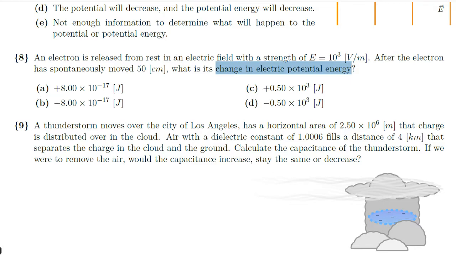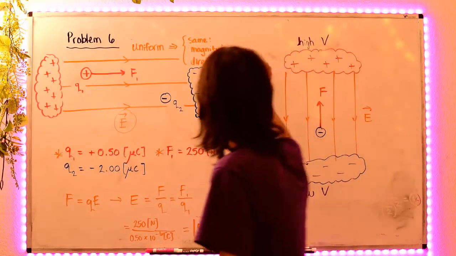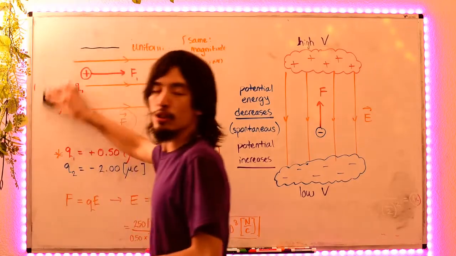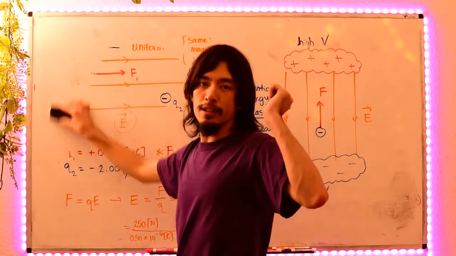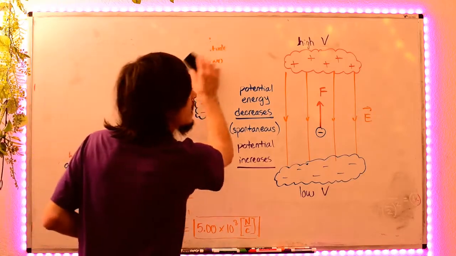Now, let me show you one way of looking at this, which can make your life easier if you don't want to deal with the signs when you have to plug into the equation. So let's take a look at that. I will use the diagram I already made conveniently for that problem because it is really that situation over here.